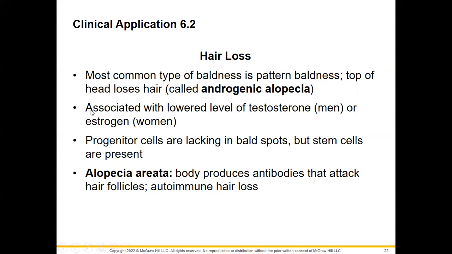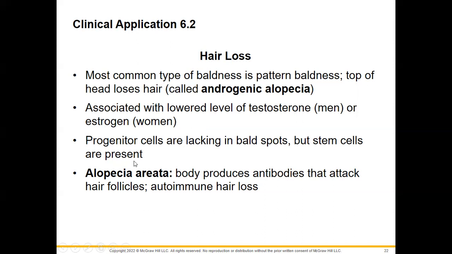Typically, this type of hair loss, or hair loss in general, is going to be associated with lowered levels of testosterone or lowered levels of estrogen. So for many women, once they get older and enter into menopause, where the hormone levels start to drop, they'll start to experience alopecia in those cases as well.